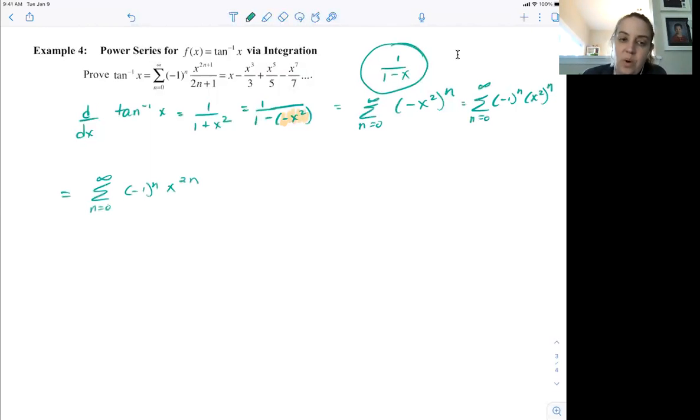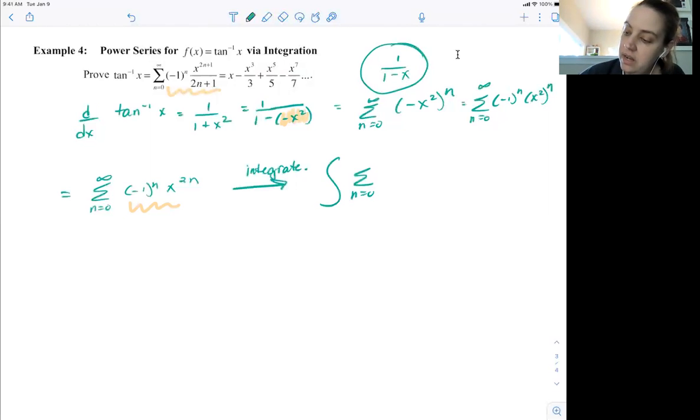So now what we want to do is integrate this and see what we get. Because when I'm looking, this is fairly close to what we have going on here. It's not exactly there yet, but we're getting there. So let's integrate. If we integrate the series, negative 1 to the n, x to the 2n, what would it look like?